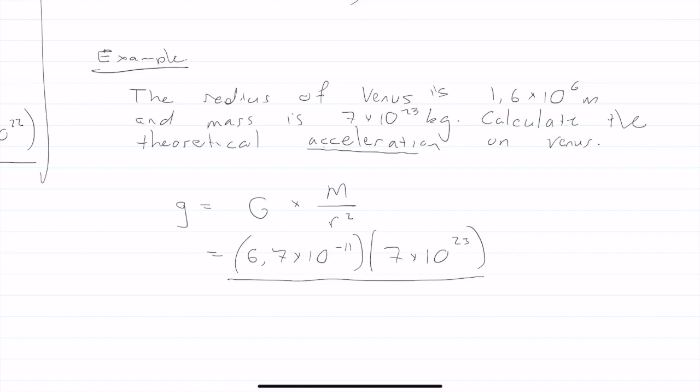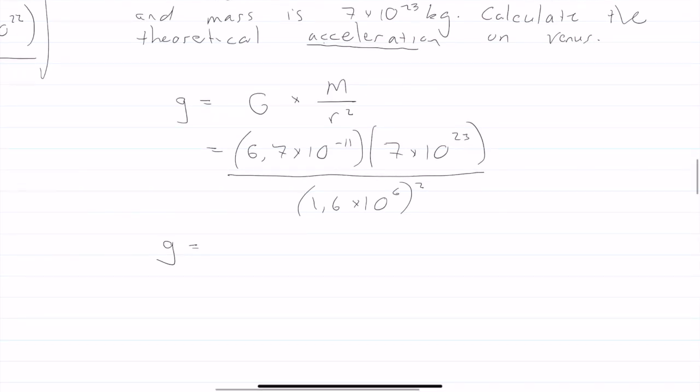R was 1.6 times 10 to the 6, and all of that squared. Again, emphasizing the need for brackets. Okay, so if I put this into my calculator, I get g equal to 18.32 meters per second squared.